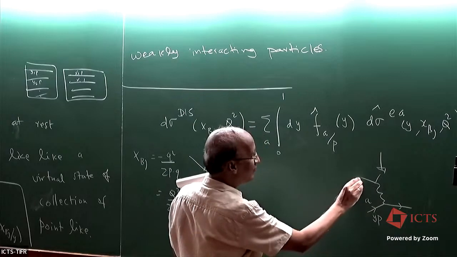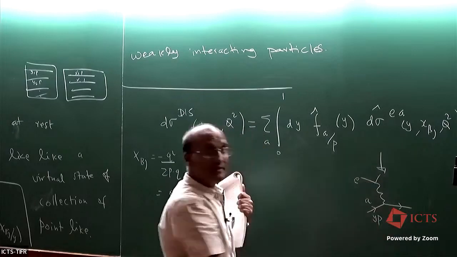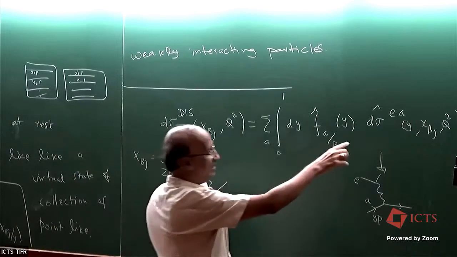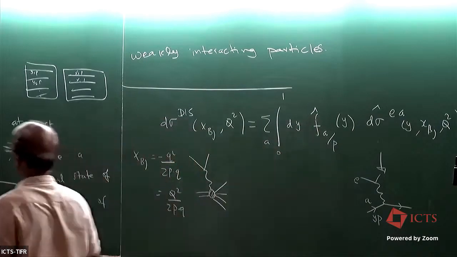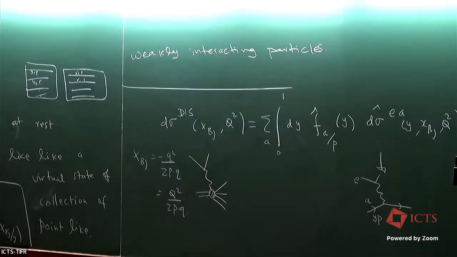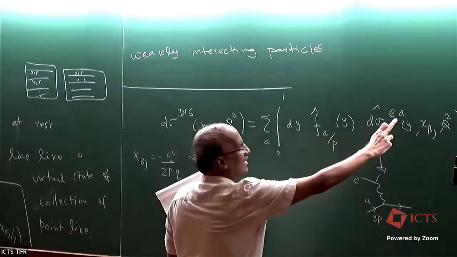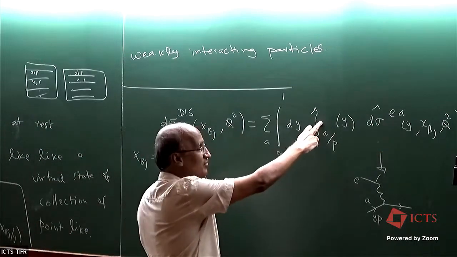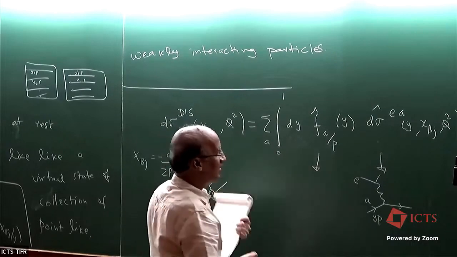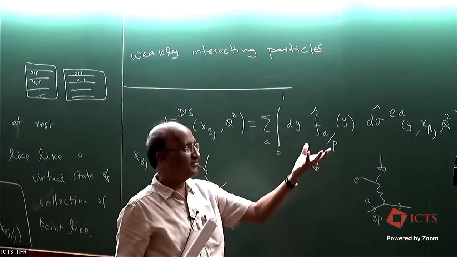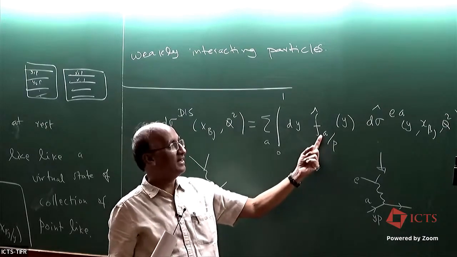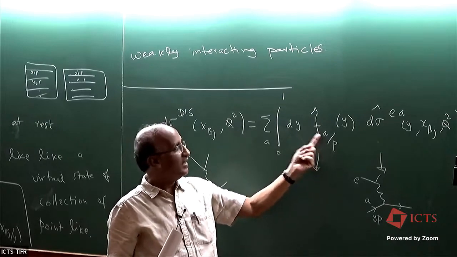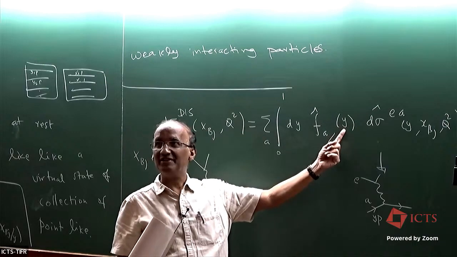So this is a scattering of eA going to eA, and that is multiplied with a function f, some function here, f1 and f2. I've generalized to one function for each parton of type a. And this is analogous to this. The probabilistic interpretation for these functions is that they are nothing but the probability of finding a parton of type a in the proton carrying a momentum fraction y.